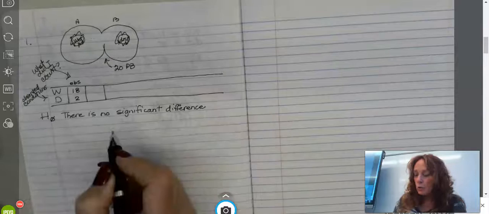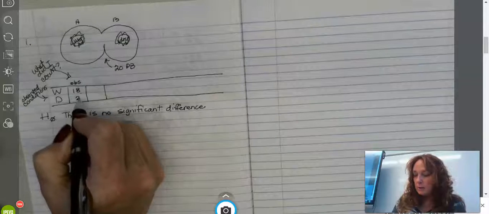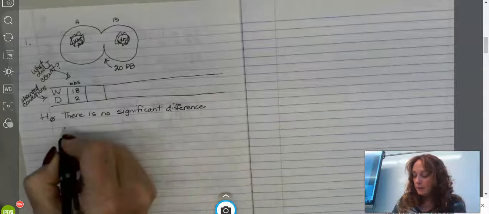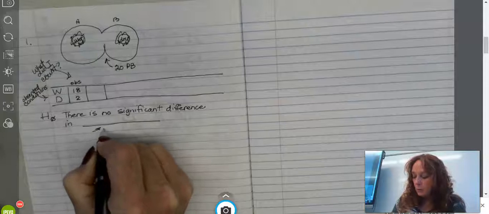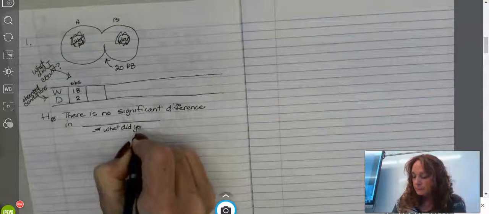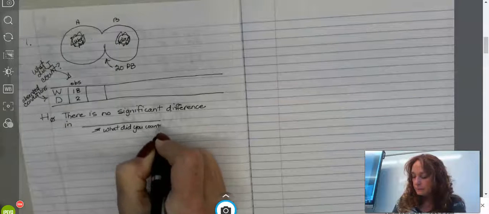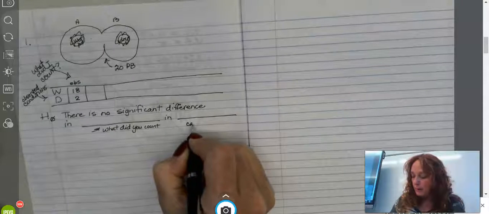And then you're going to state between the conditions. So there's no significant difference in, this is what did you count? And this is your categories.